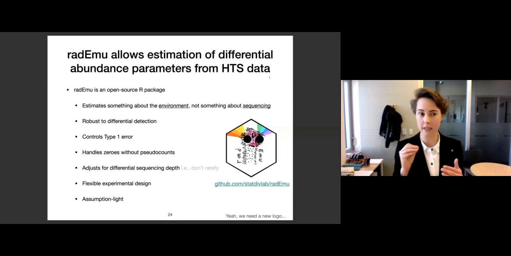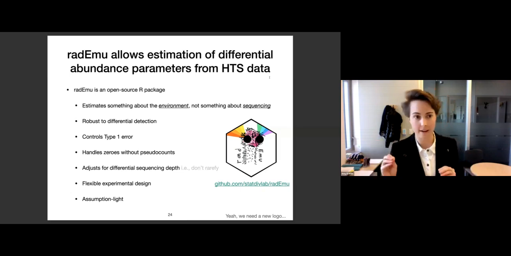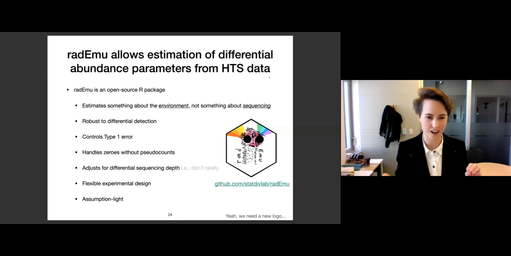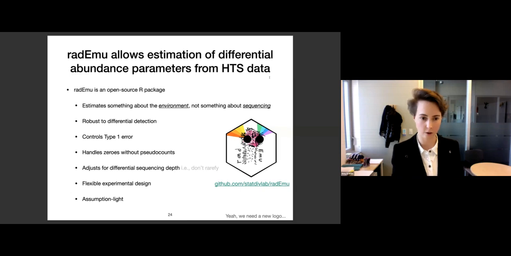It really clearly connects questions we'd like to ask about microbial abundances, which we don't get to observe, to what we do observe, which is sequencing data. It's robust to differential detection effects, the fact that different categories are differentially well detected, and it controls type 1 error, so it produces valid p-values.